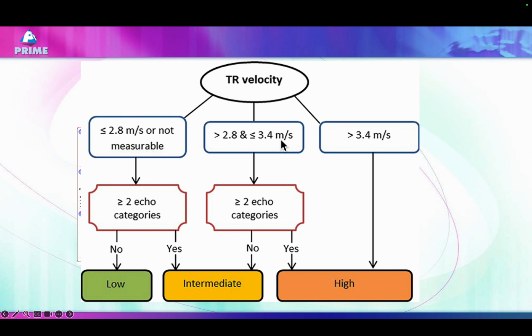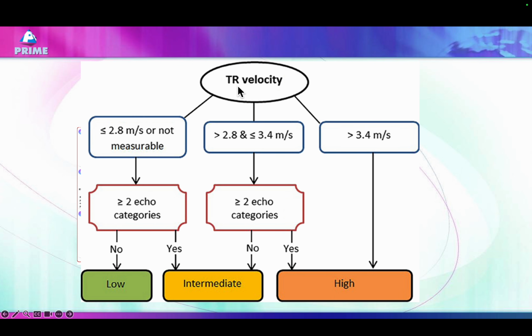You tell whether it is low probability of having PH, high probability of having PH, or intermediate probability of PH. That's how we've actually been giving reports for many years, and this is what all of you should follow. Please do not mention that PA pressure is equivalent to 4V square plus the RA pressure, right? So we can only say probabilities: low probability, intermediate probability, or high probability.